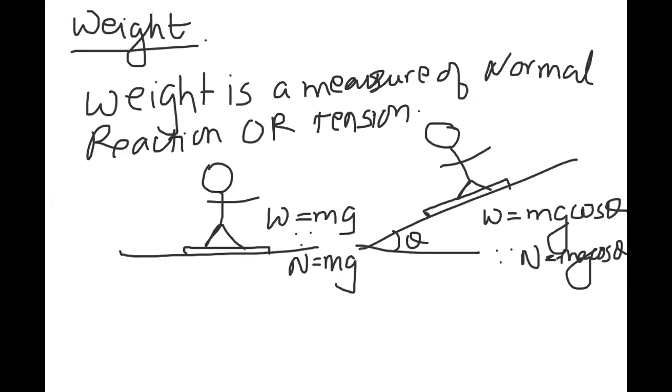So weight is the measure of normal reaction that you apply on the weighing machine, or it is the tension that you apply on the spring balance.